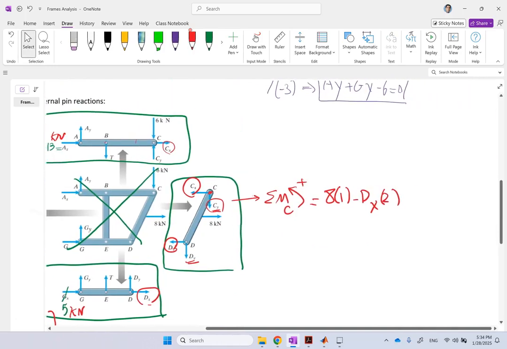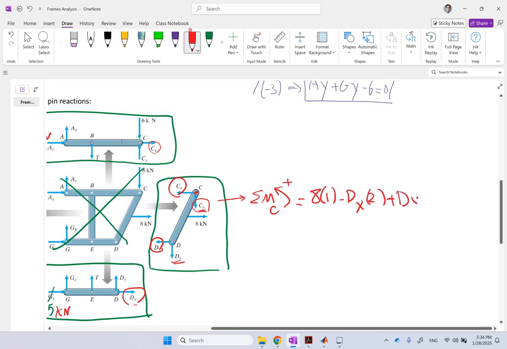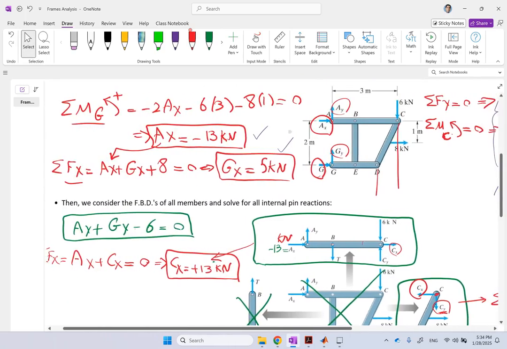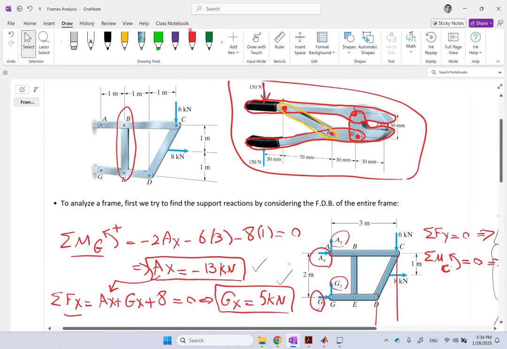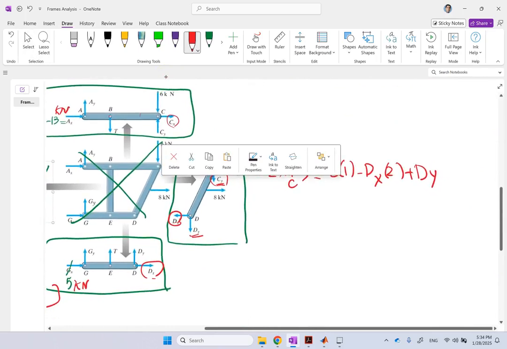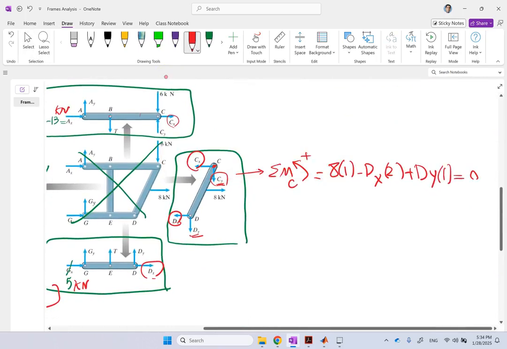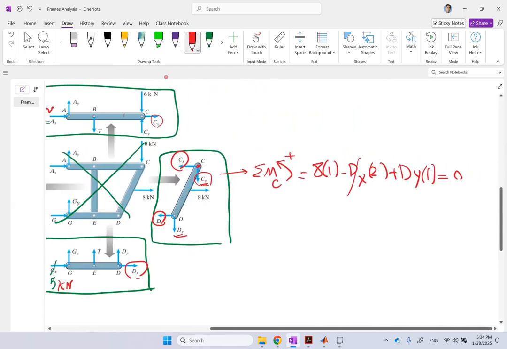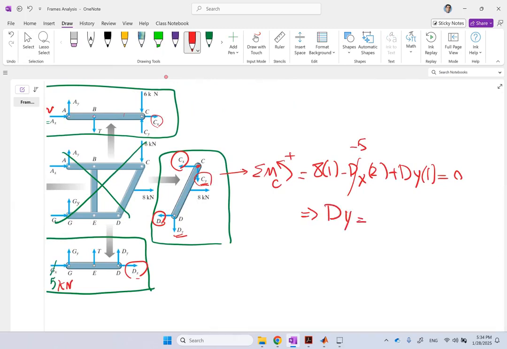And dy is also counterclockwise, and the distance for dy is this guy, which is, if you look at it, so that is a 3 and 1, 1, 1. So it's this guy, 1. So that is a 1. This is equal to 0. And remember, dx, I have it. dx is negative 5. So this guy is negative 5. That should allow me to directly calculate dy here. And that makes it negative 18 kilonewton.